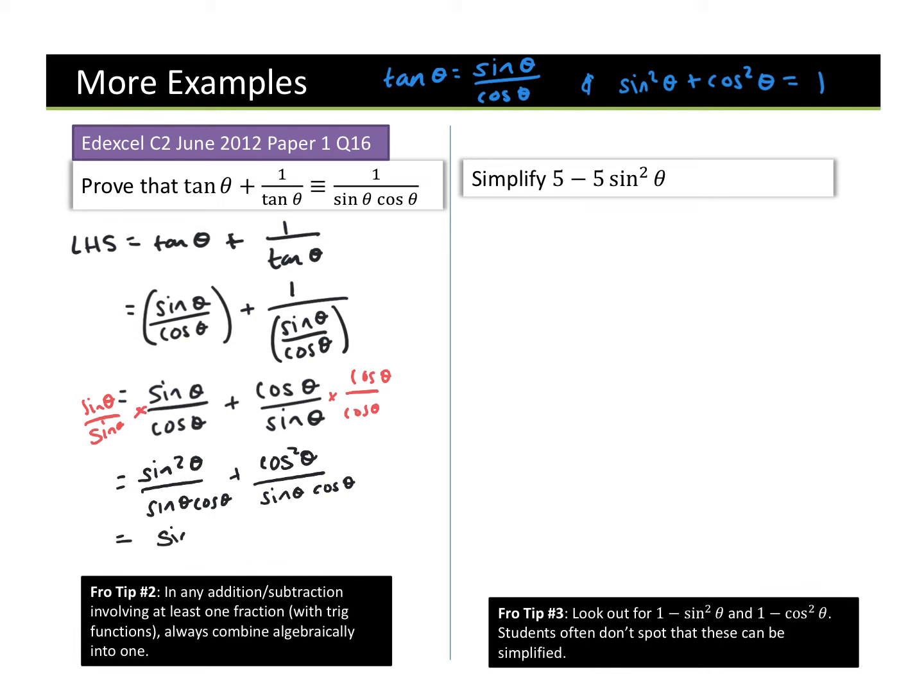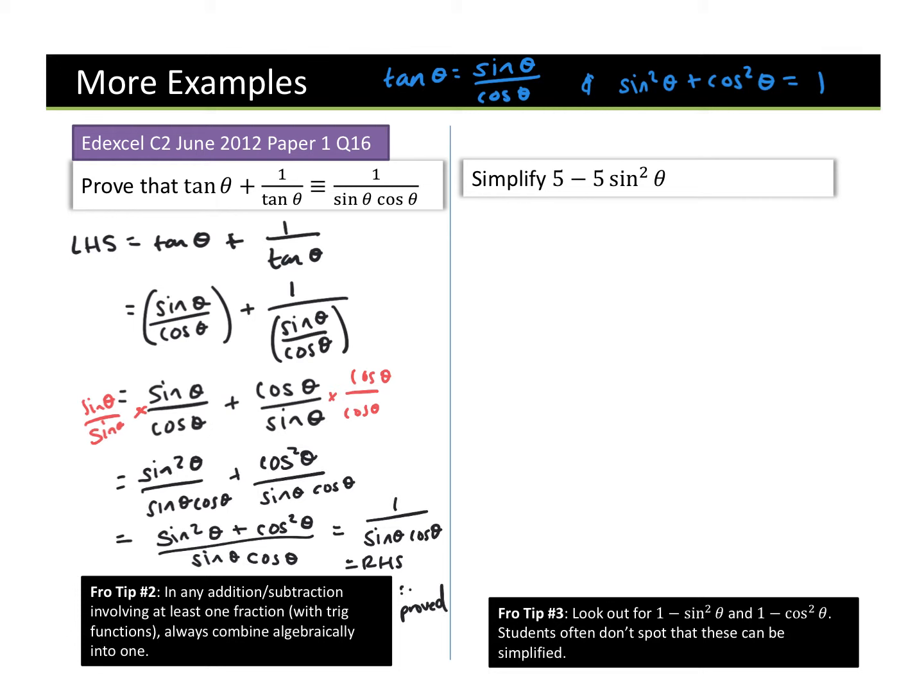So I'm going to have sine squared theta plus cos squared theta over sine theta cos theta. Now, can somebody tell me what is sine squared plus cos squared? 1. So this is actually 1 over sine theta cos theta, which is the right-hand side, therefore proved.